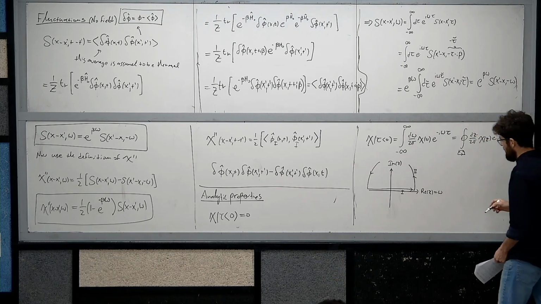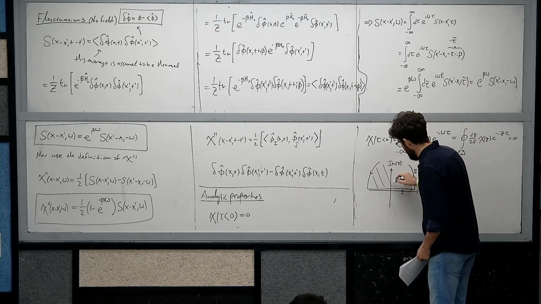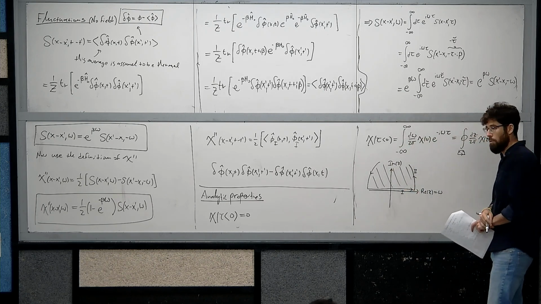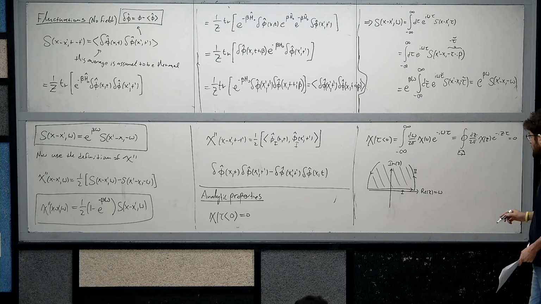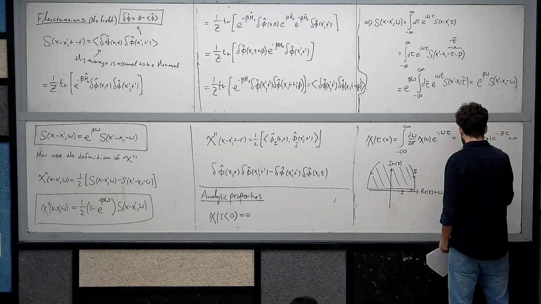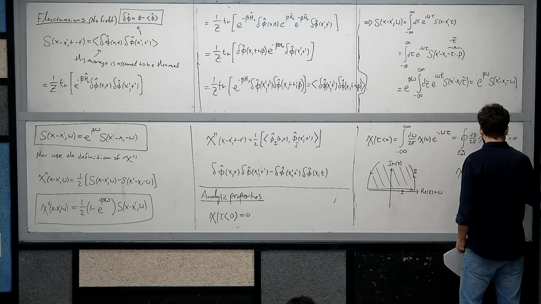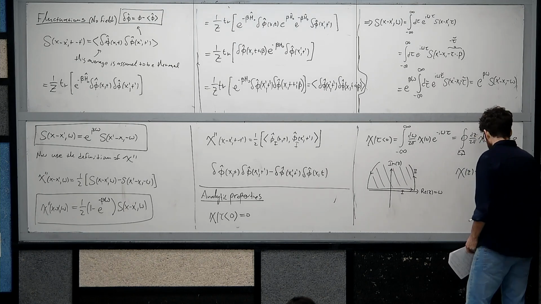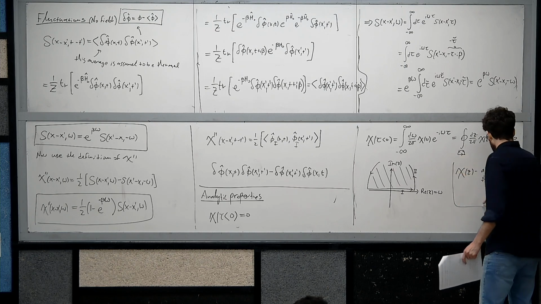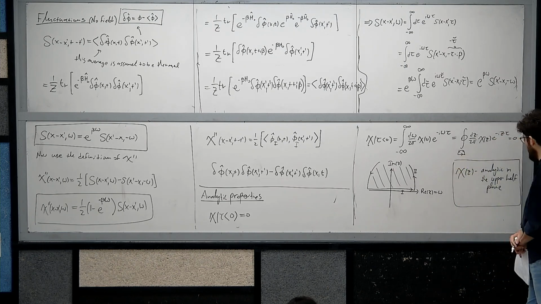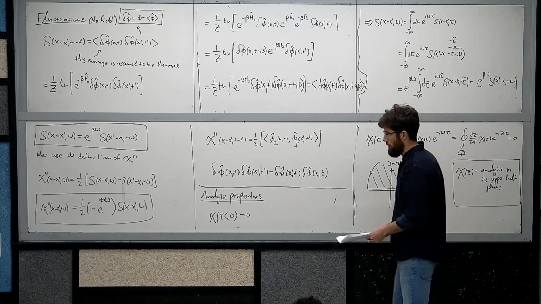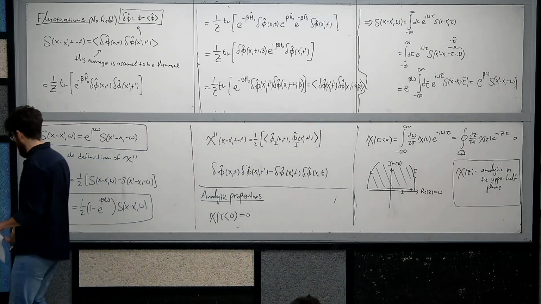So what that tells me is that in this entire regime, there are no poles. So that means that chi of z is analytic in the upper half plane. Right? So this is basically the crucial analytic property of chi, which is a result of causality.